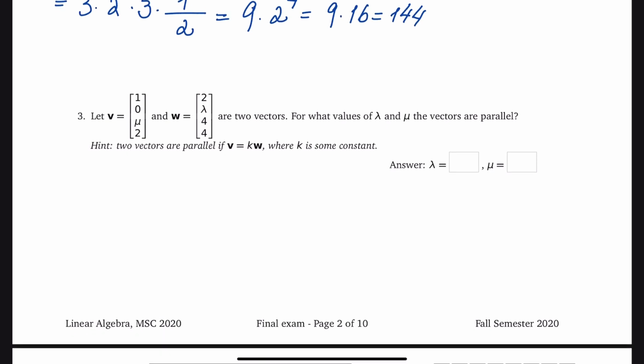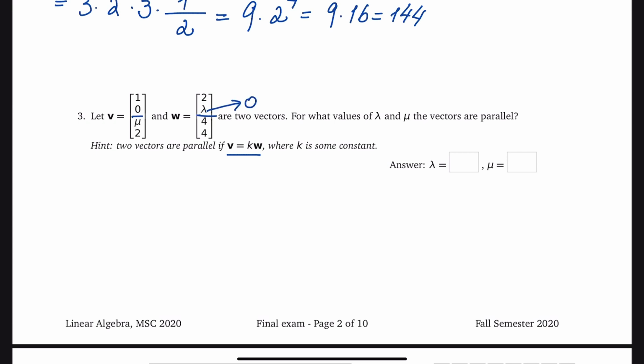In problem number 3, we need to find the values for lambda and mu so that these two vectors are parallel. Please note that two vectors are parallel if you can get one by just multiplying the other by a constant. Here obviously lambda is going to be 0 because this is 0 here.